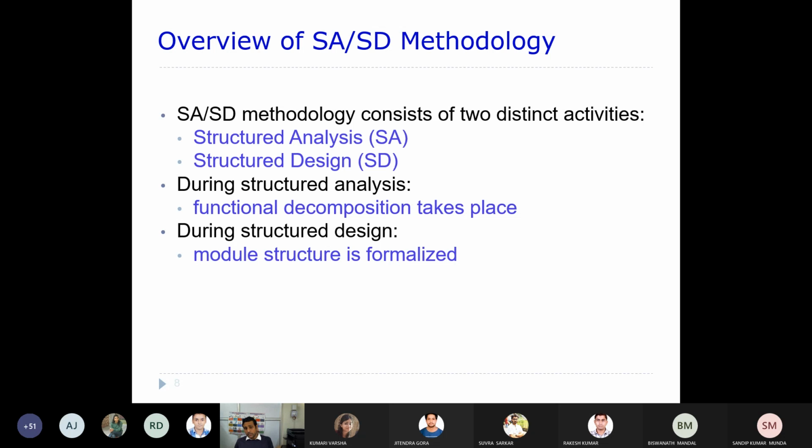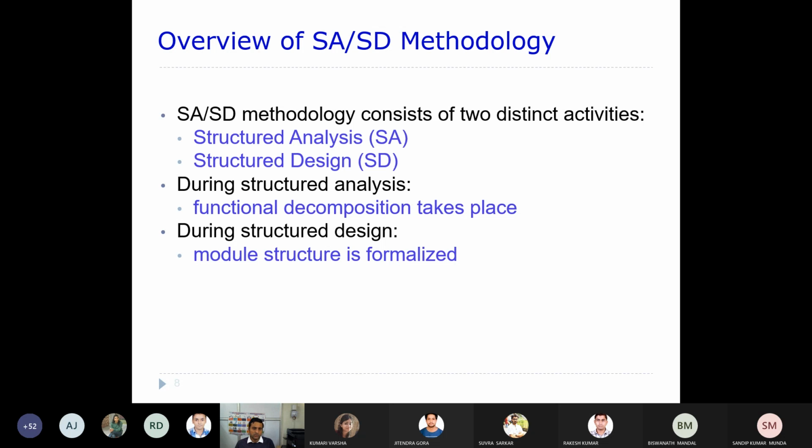Once these small units of functions are ready, we try to map them into a module structure. And the module structure is formed as part of structured design.